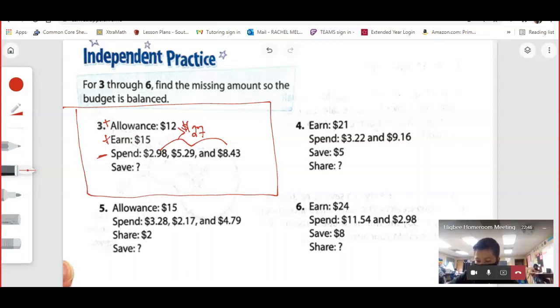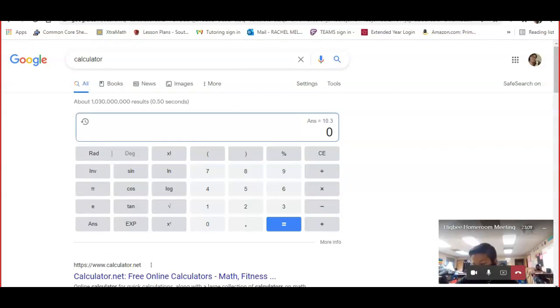Okay, so I'm going to come over here to my calculator. You guys keep looking at this. Well, you can't keep looking at it if I show you that. Okay, so Jada, remember $2.98. Julissa, remember $5.29. Antoine, remember $8.43. All right, Jada, give me your number. $2.98.